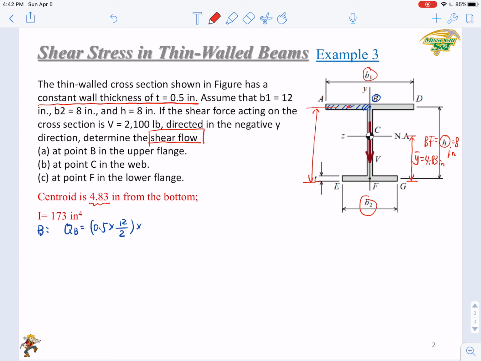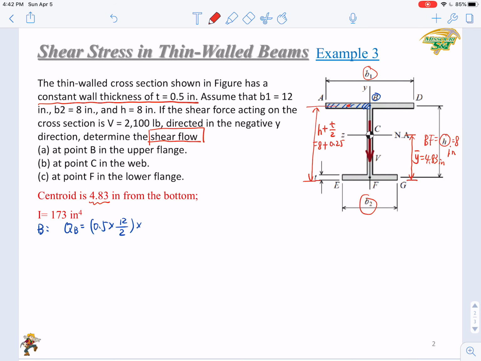So this distance will be H, BF, plus half of the thickness at the bottom, t over 2. Since H equals BF, H is 8 plus t over 2, which is 0.25, so here is 8.25.